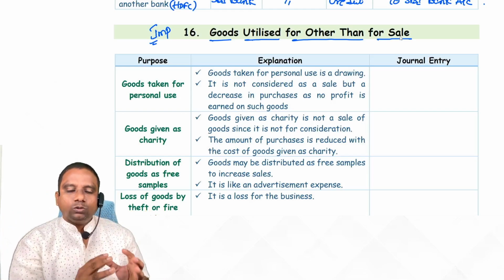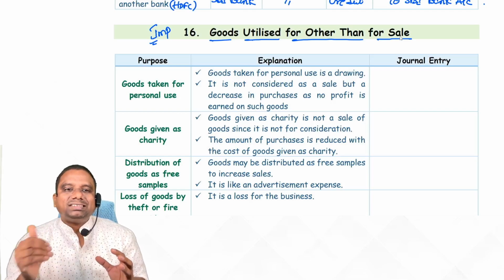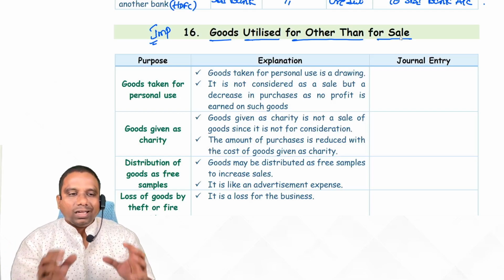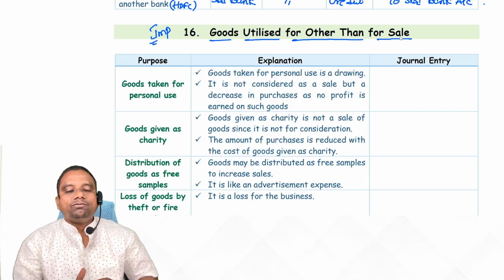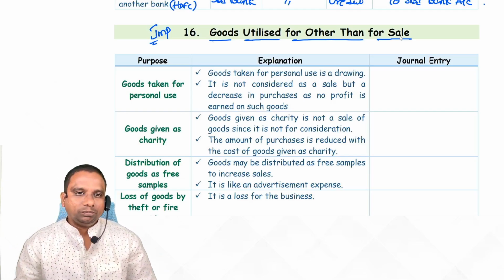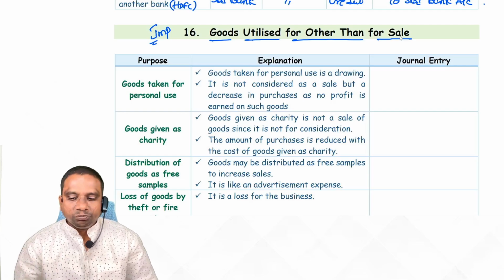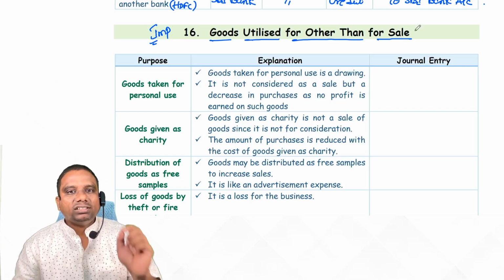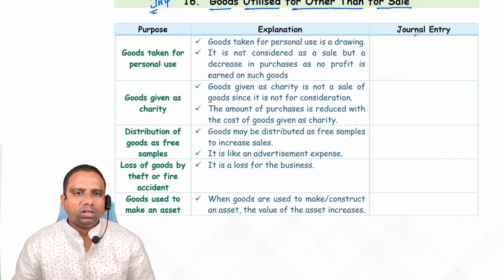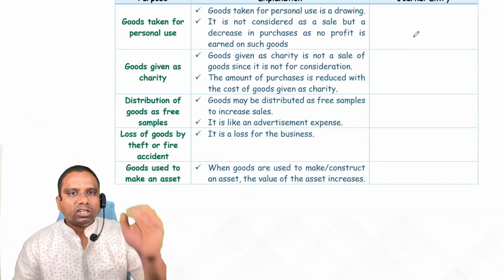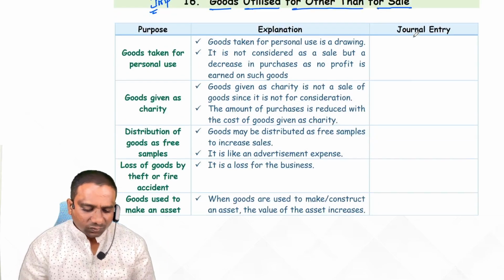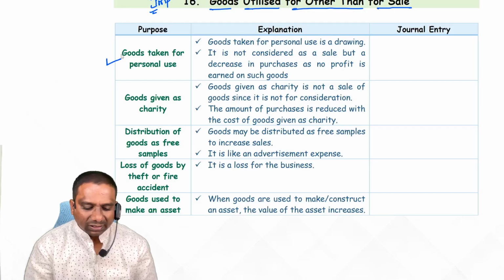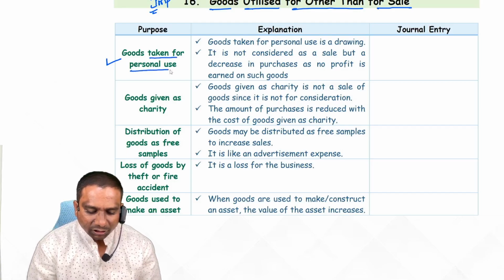We purchase goods, but sometimes we do not sell all the goods, and some of the goods are utilized for various purposes. In that case, what entries do we have to write? First, observe the purpose. First purpose: goods taken for personal use.